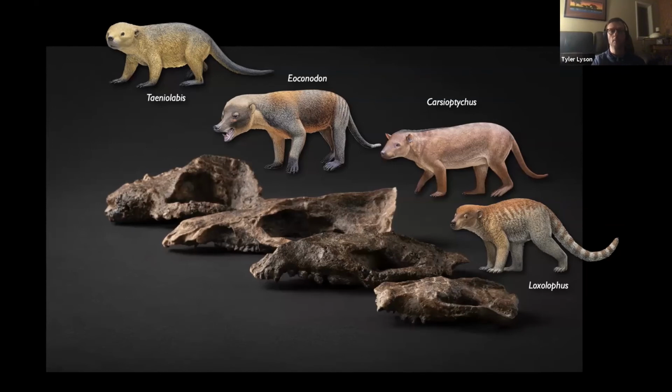How big did mammals get during this interval, and how quickly did they achieve that body mass? Body mass is so incredibly important in all aspects of an animal's ecology. It determines where it can live, largely what it will be eating. So this is the first thing that we wanted to do, was simply track body size.